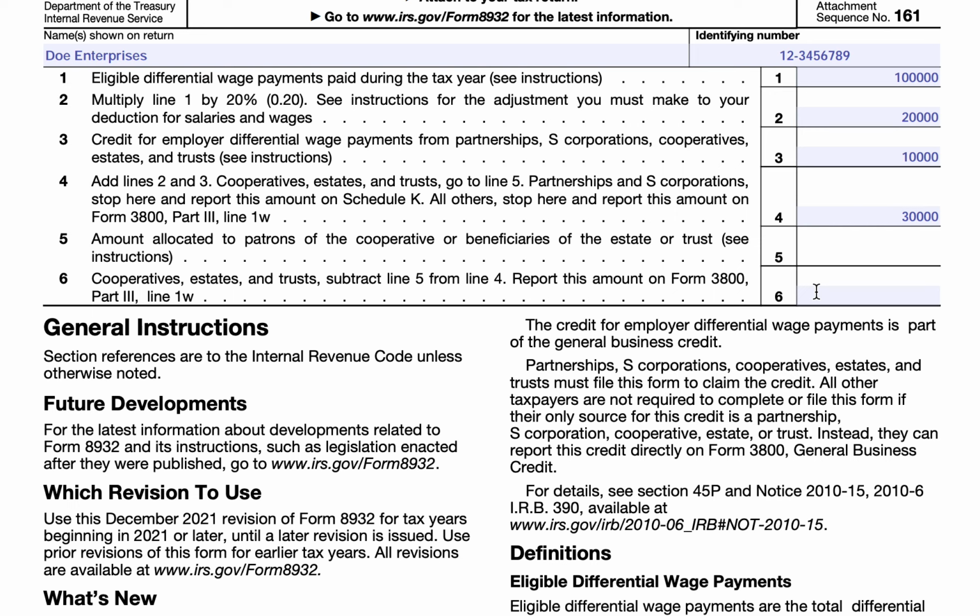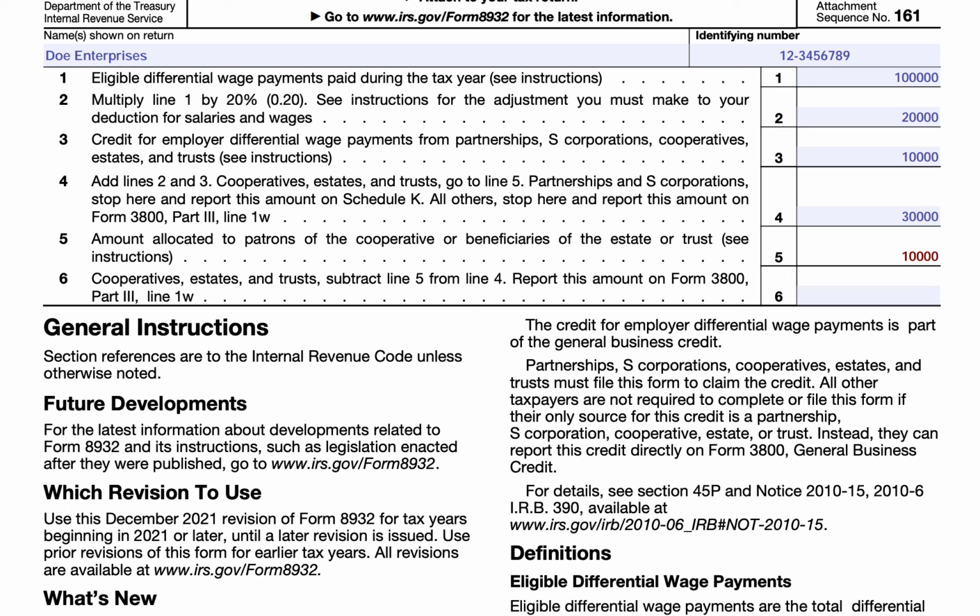So now, for estates, trusts, and patrons of cooperatives, you're going to enter the amount that you allocated either to the patrons of the cooperative or to the beneficiaries of the estate or trust. So specifically, a cooperative has specific guidance in the tax code. First, you have to calculate your tax liability.